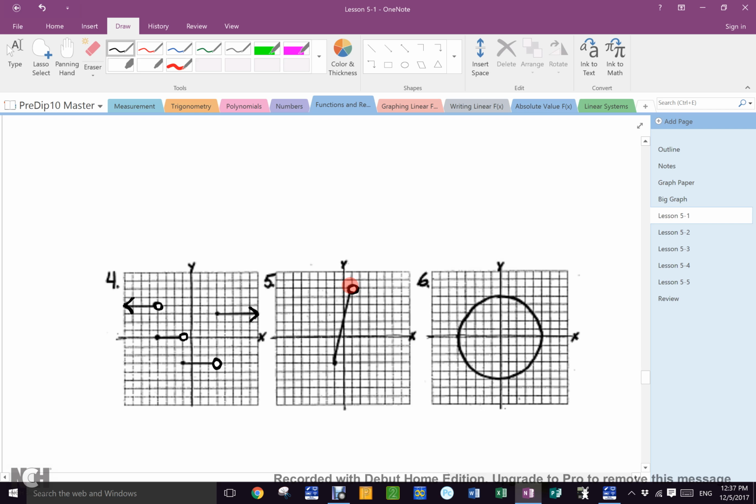And number 6 is indeed a very crudely drawn circle, because I photocopied this from a piece of paper where I drew the circle by hand instead of using the machine here, which has a fun circle feature right there. But it is indeed a circle.